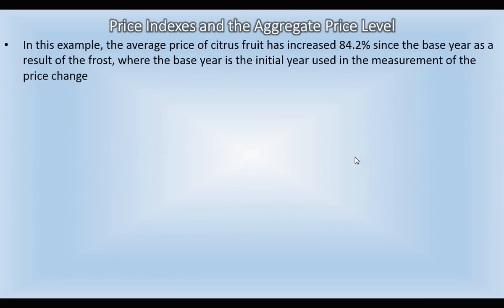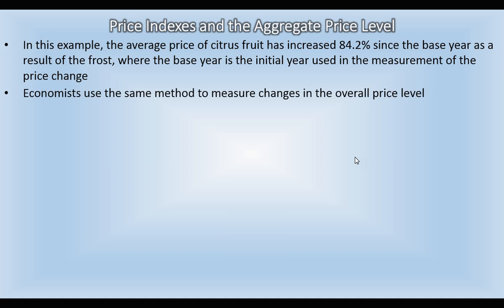So in this example, the average price of citrus fruit has increased 84.2% since the base year as a result of the frost, where the base year is the initial year used in the measurement of the price change. So economists use the same method we just used to measure changes in the overall price level.